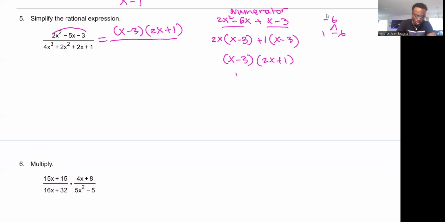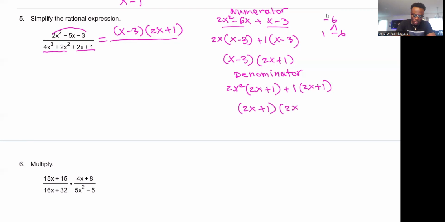In our denominator, we will factor it out as well. We can automatically factor by grouping, right? So the GCF of the first group is 2x squared. 2x squared factor 2x plus 1, and then plus 1 times 2x plus 1, and we factor out the 2x plus 1 to get 2x squared plus 1 factor 2x plus 1.